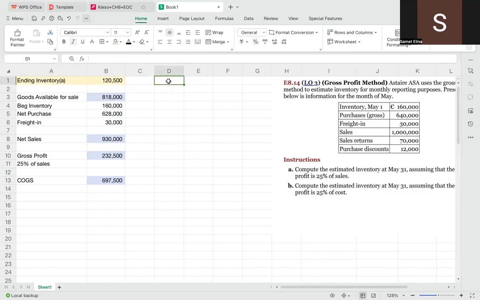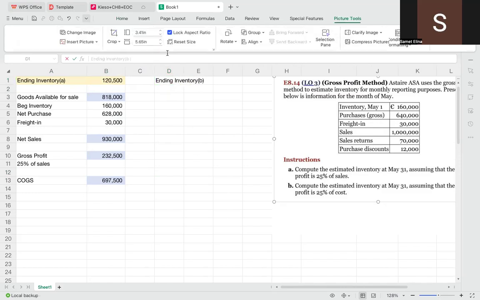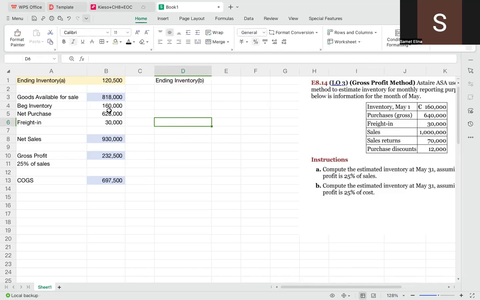Now let's move to B, ending inventory for B. This part would be the same.